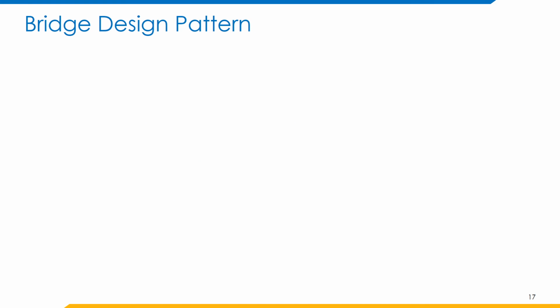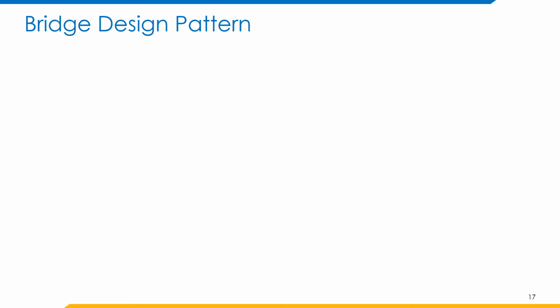Bridge design pattern. In this design pattern, we combine two different classes that have the same function but different implementation by providing a bridge between them in the form of an interface and their implementation.